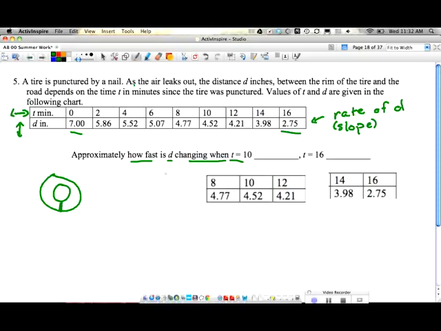Now I could do it between 8 and 10 and 10 and 12, or either way like that, but I like to go a little bit on each side just to get a better overall picture of what's happening around 10. It's kind of like averaging the slope before it and after it. So our horizontal change is going to go in the bottom. The change in the vertical over the change in the horizontal, that's what slope is.